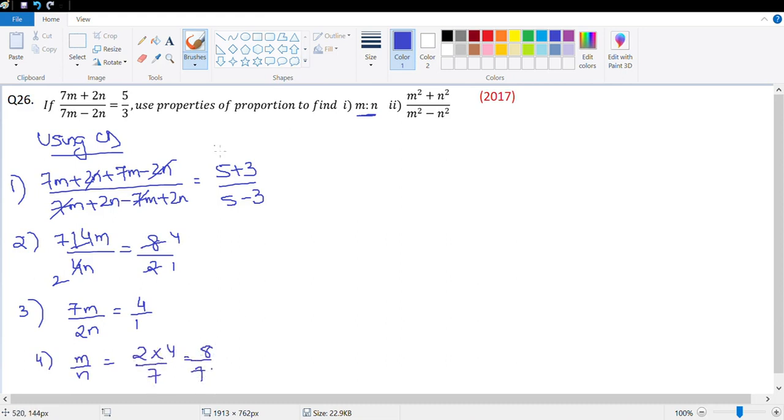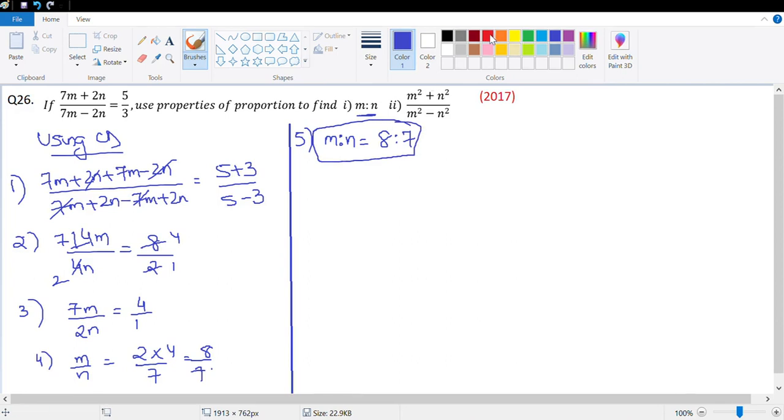Now they want the answer in the ratio form, so we will have to write the answer in the ratio form, which is m is to n is equal to 8 is to 7. That's what they wanted. We've been able to figure that out. So this part of the question is done.